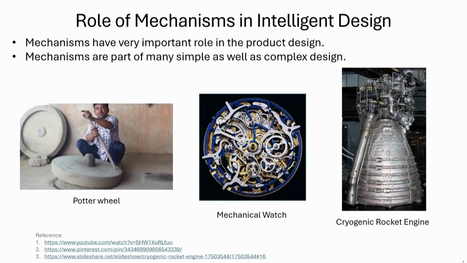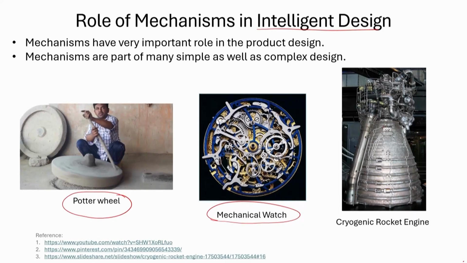Now, in that direction, I will first talk about different mechanisms that we can adopt for intelligent design. And you have to also keep in mind that the application of mechanism is not something new. For thousands of years, starting from the potter wheel, then the development of clocks of various forms, think of the mechanical watch, a fully mechanical watch, such a complicated mechanism it has evolved.